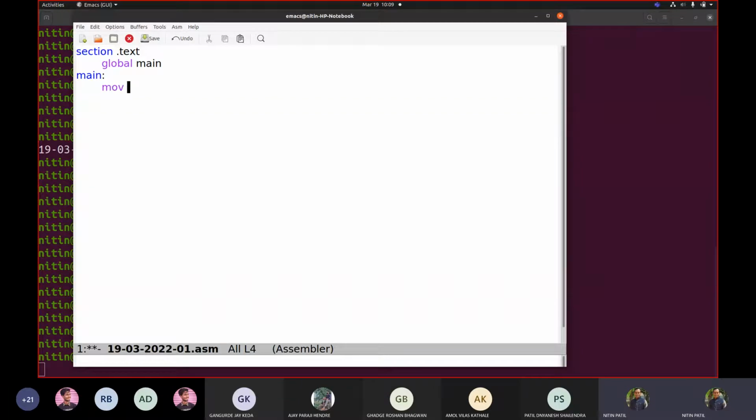So let us write this now. We want it to be computed for all: EAX plus EAX multiplied by 1. So I will take ECX here. Even if you don't write the multiplication, it would be taken.